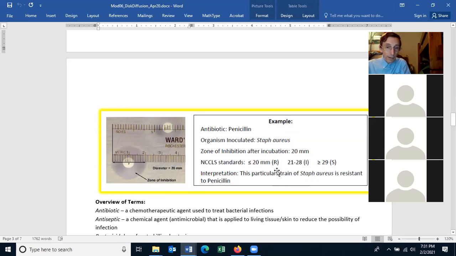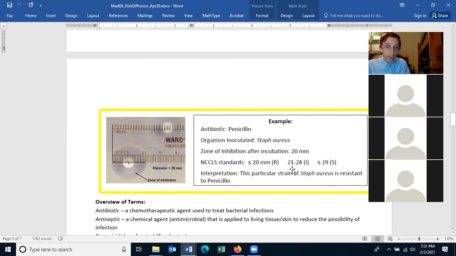And if the zone of inhibition is between 21 and 28 millimeters, we say that the bacteria is intermediate to this antibiotic. And so you have to look on a table for each species and for each antibiotic to determine whether the bacteria is resistant to the antibiotic or sensitive to the antibiotic.